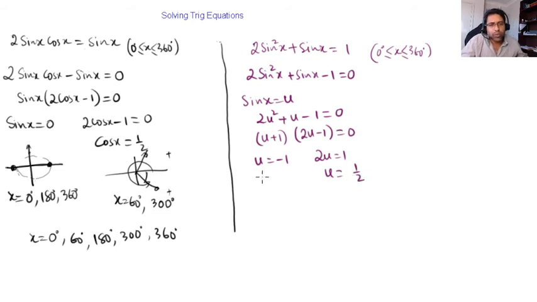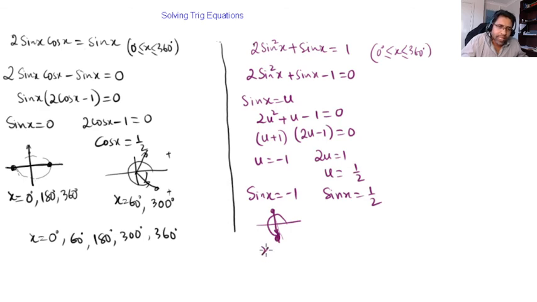So what is u? You know that u equal to sine x, that's what we considered. So sine x will be minus 1, or sine x will be half. Again we see two equations. If sine x equal to negative 1, sine x is the coordinate of y, so where y is negative: y is positive 1 here, but y is negative 1 here, which is the 270 degree position.